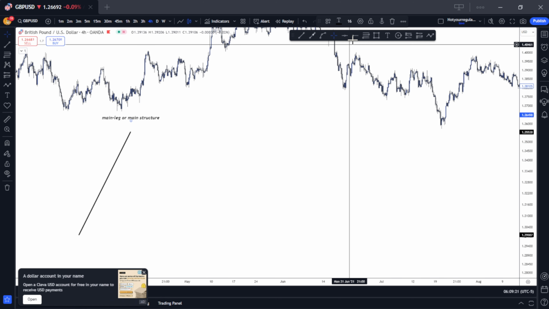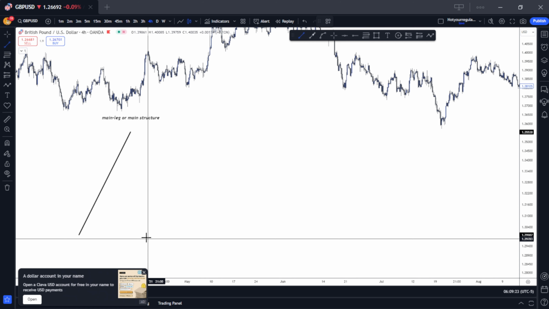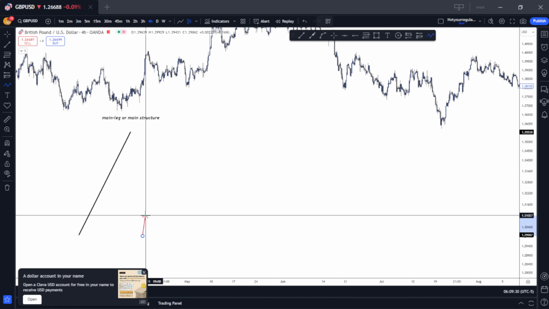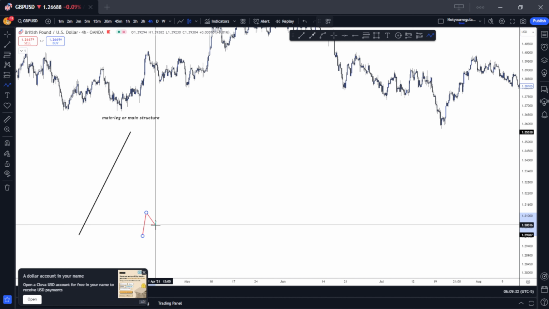Main leg or main structure, and this right here is our internal structure.